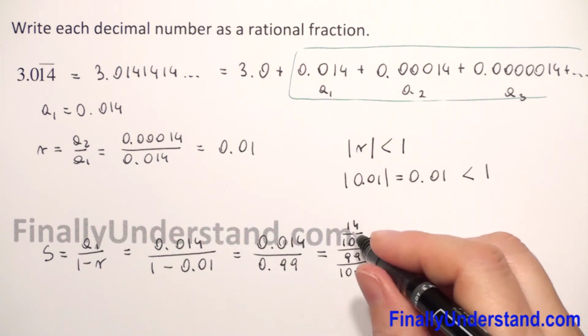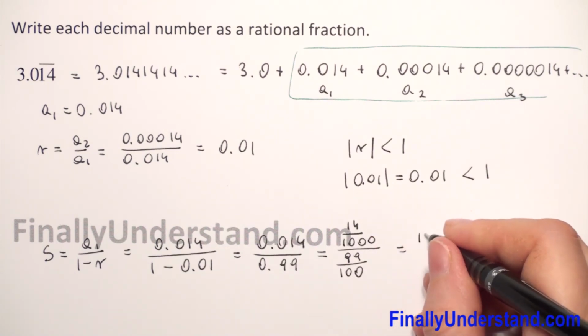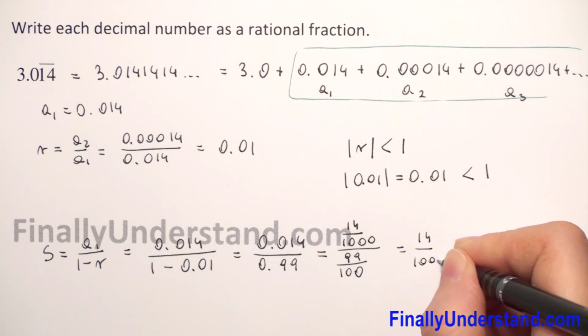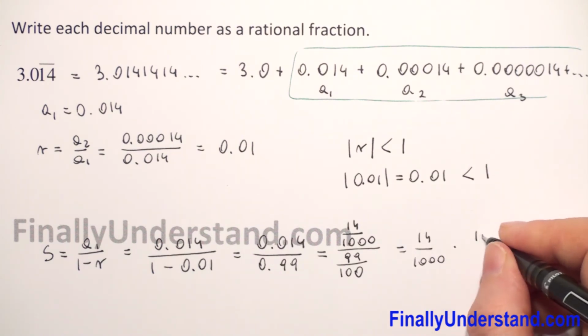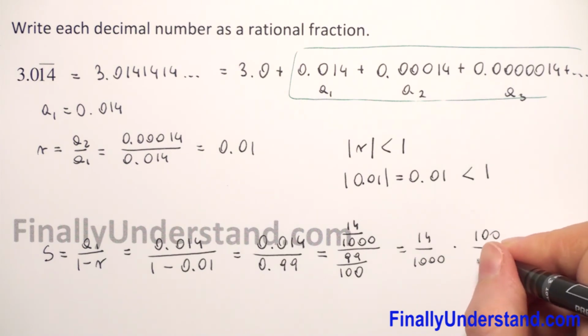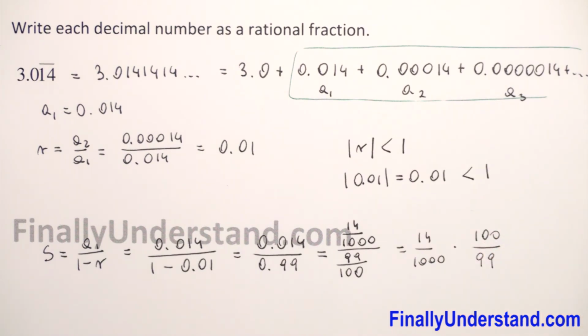So this is a division of two fractions. We copy the first fraction, change the division sign to multiplication, and flip the second fraction, so it will be 100 over 99. Now we can reduce zeros, so we have that this is equal to 14 over 990.